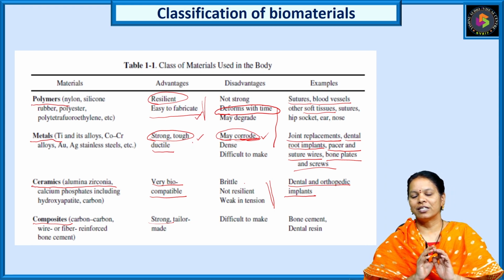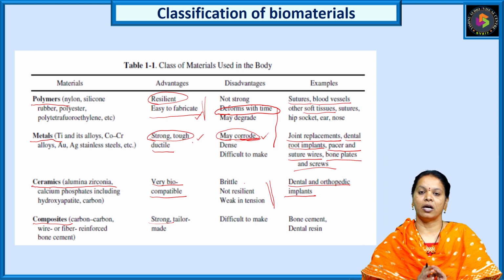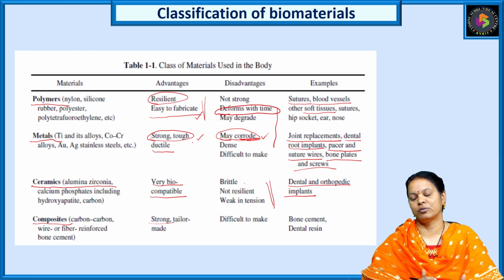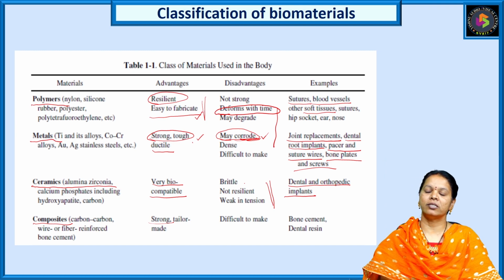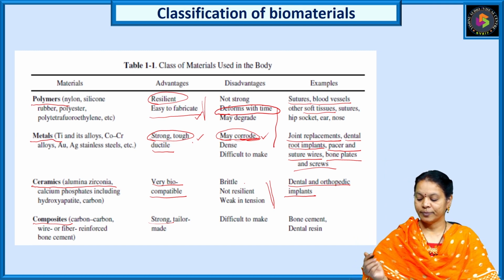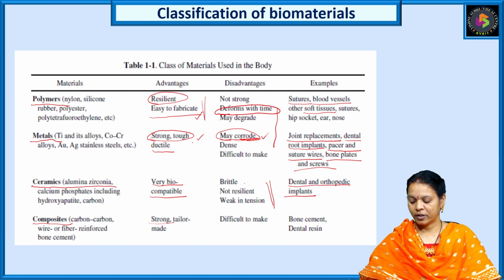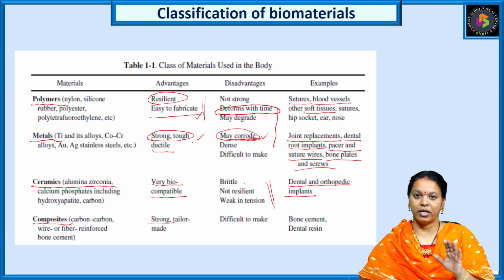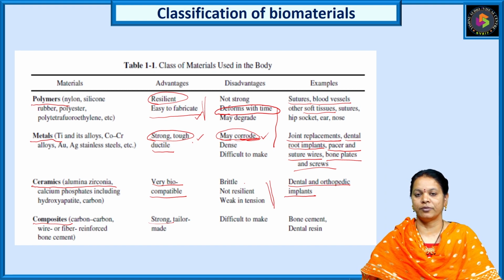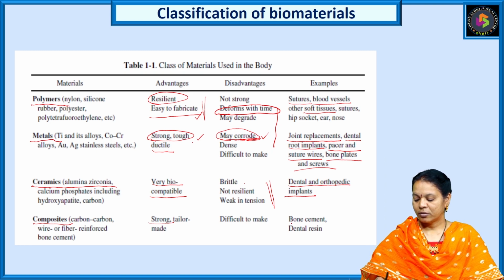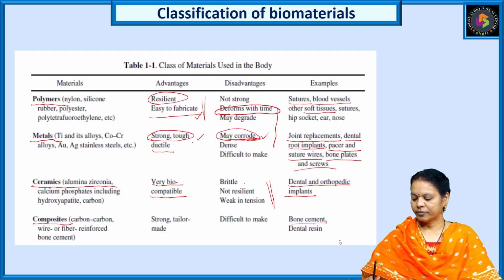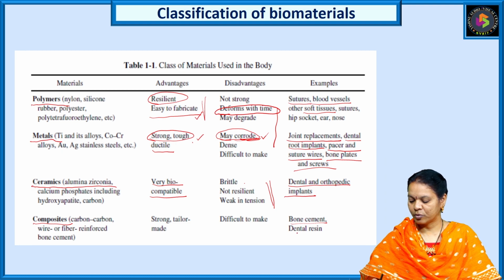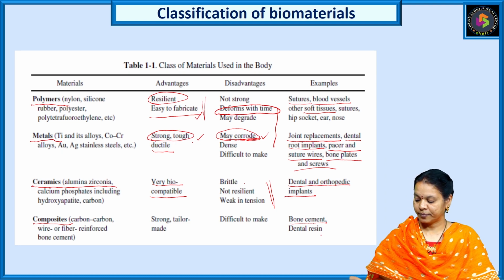So the construction of a composite material is very special, and highly sophisticated fabrication technology is involved, and hence their cost is also very high, and they are very difficult to make, since only very specific technology should be used. Examples of this are bone cement and dental resins.